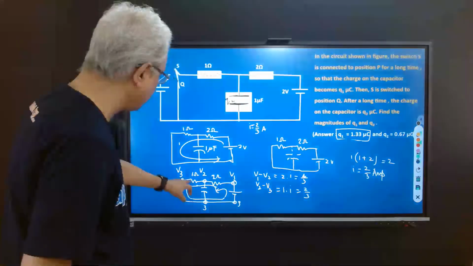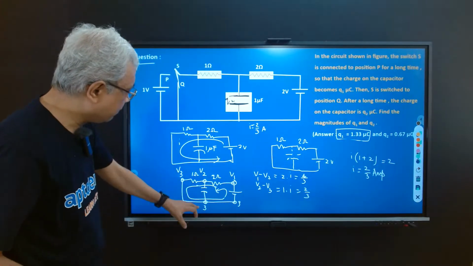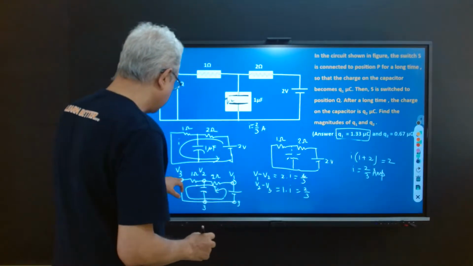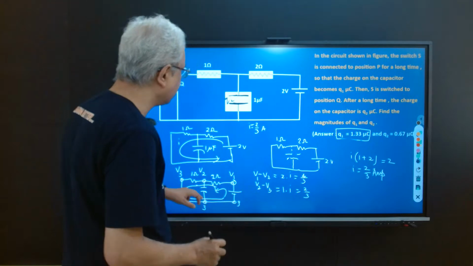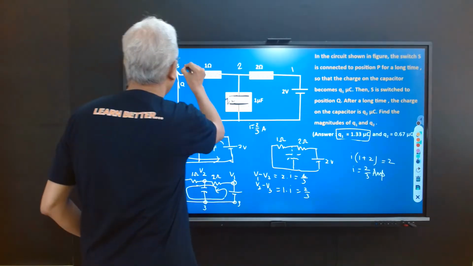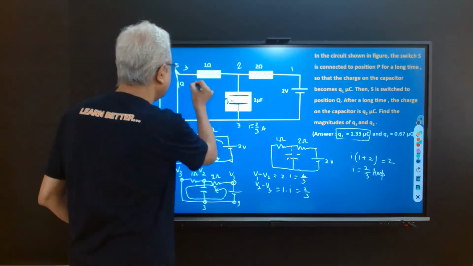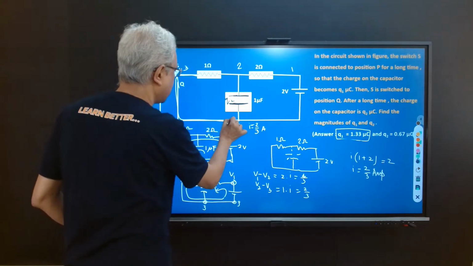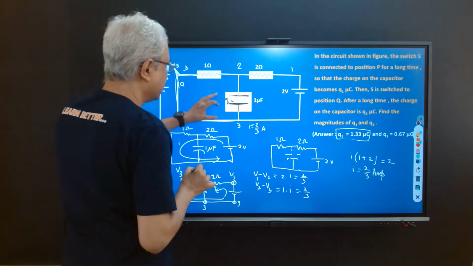But V2 minus V3 is the potential across the condenser also, because now this point and this point are same. This is point 1, point 2, point 3, and this is also point 3 because this entire thing is short circuited, zero resistance you can say.